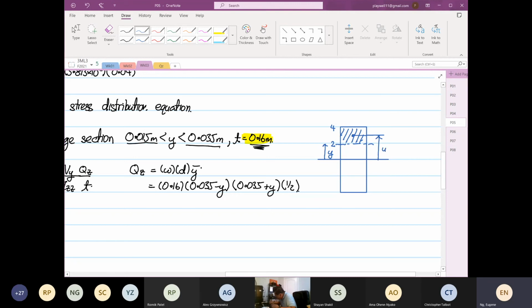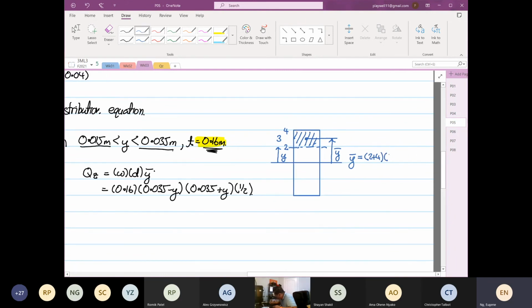Exactly at the center is our Y bar, right? So can someone tell me what is the Y bar equal to, just by observation? 3. How do you get 3? It's somewhere in between, right? So the formula for Y bar is equal to 2 plus 4 multiplied by half, which is equal to 3, right?